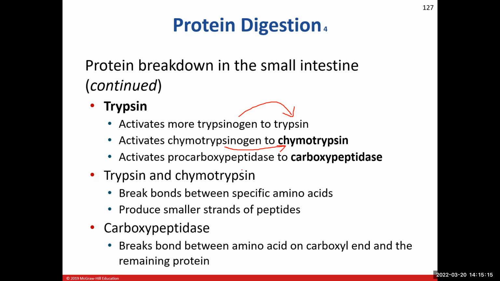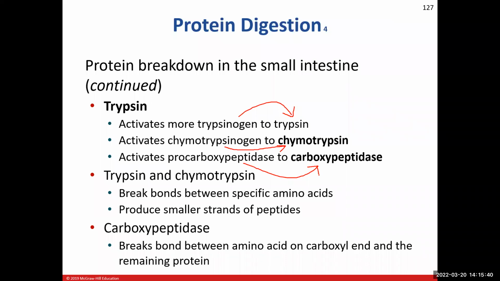And then it's also going to cause procarboxypeptidase to be activated into carboxypeptidase. So all we had to do was activate trypsin, and then trypsin just starts running around and activating everything. It's so excited, it even activates itself more. So that enteropeptidase really was helpful.